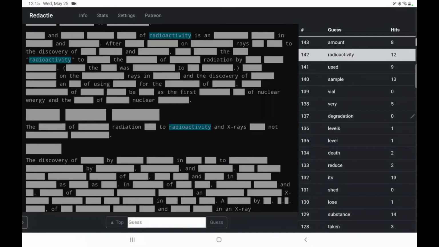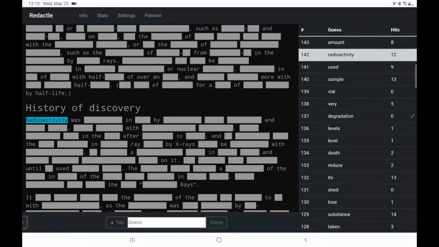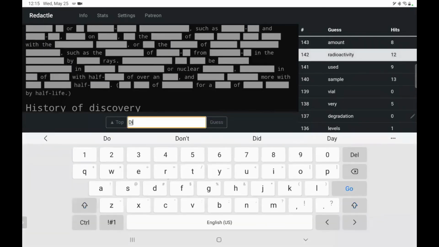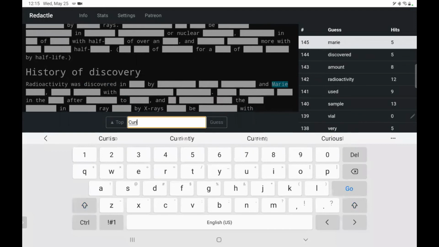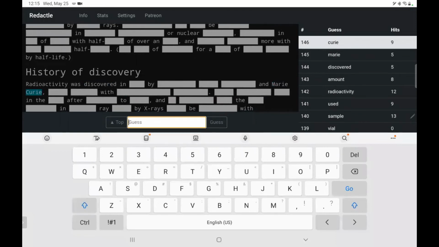Let's look at radioactivity was discovered, I guess. Oh, of course, this must be Marie Curie and her husband. What was his name?